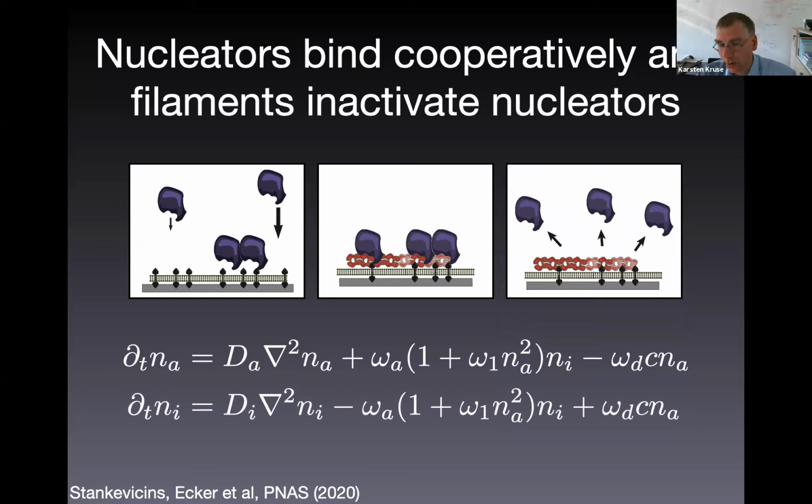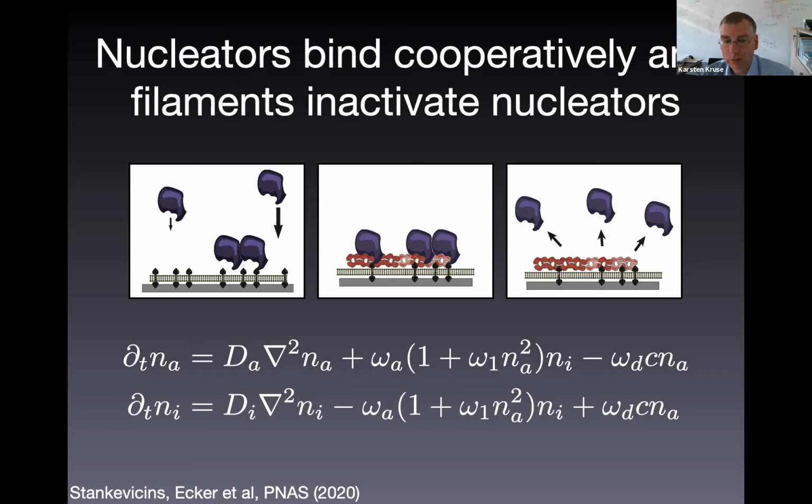And then there's also a process that inactivates nucleators, and this is proportional to the filament density C, which reflects the negative feedback from the actin filaments on the nucleators. For the inactive nucleators, we have a very similar equation. It's just that the diffusion now occurs with a different diffusion constant, and the rates are inverted, meaning that we have a conservation of the total number of nucleators.